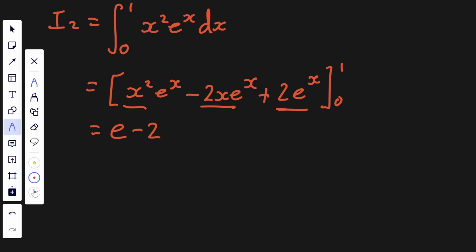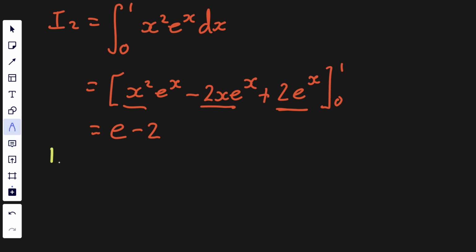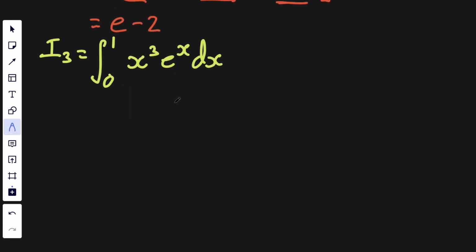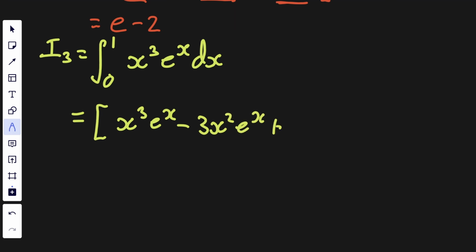Okay, next we're going to consider I3. I3 is equal to the integral between 0 and 1 of x cubed e^(tx) dx. Now, this we can again do by parts. This becomes x cubed e^(tx) minus 3x squared e^(tx) plus 6x e^(tx) minus 6 e^(tx) between 0 and 1.